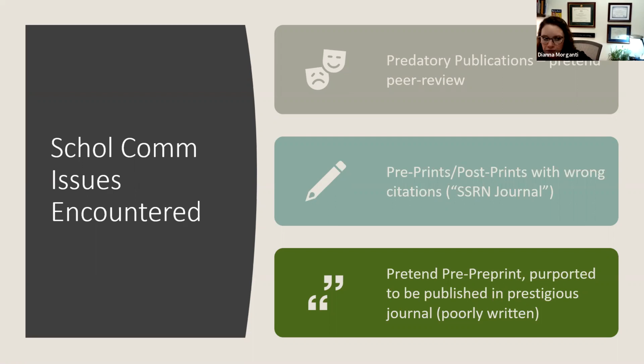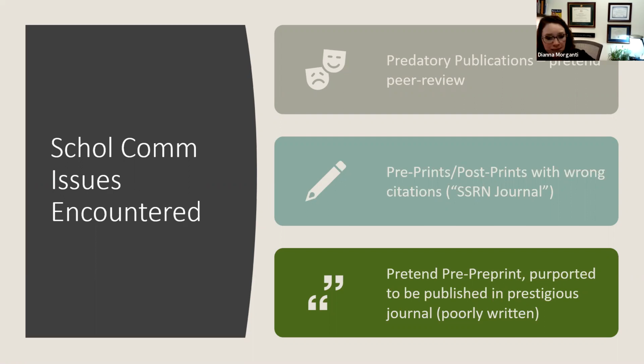The third type of scholcomm issue I encountered was a pretend preprint. There was actually only one of these. I think it was on SSRN, or might have been another source like academia.edu, one of those academic social networks where academics connect to each other and post their PDFs.